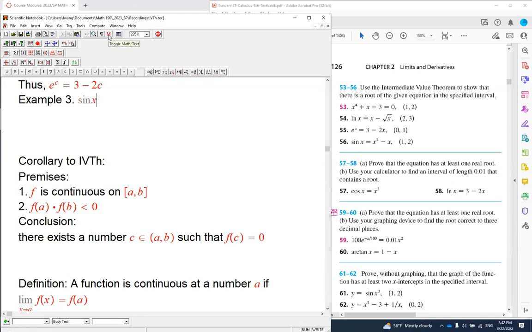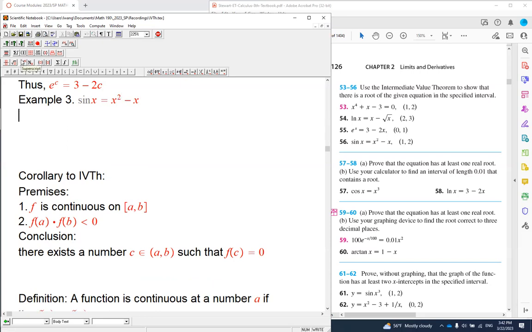So we have sine x equals x squared minus x, right? The same argument, but if you look at the two curves, one is sine, one is x squared.